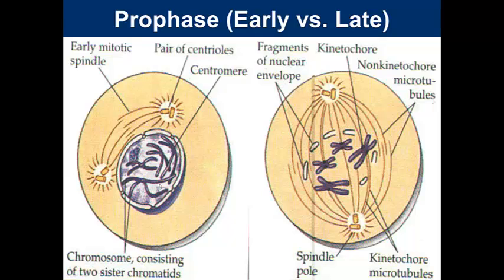These chromosome pairs consist of sister chromatids, and as it progresses into late prophase, you have the nuclear membrane disappearing. You have these microtubules attaching to these chromosomes, these sister chromatids, and starting to push them towards the center of the cell.